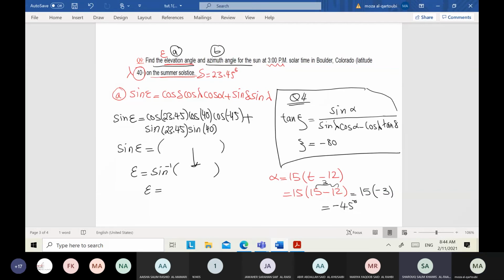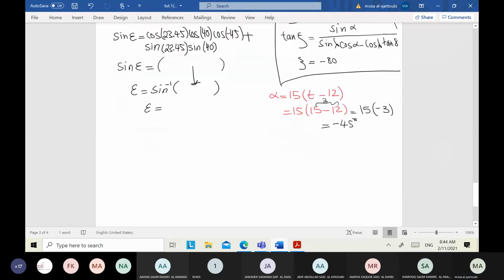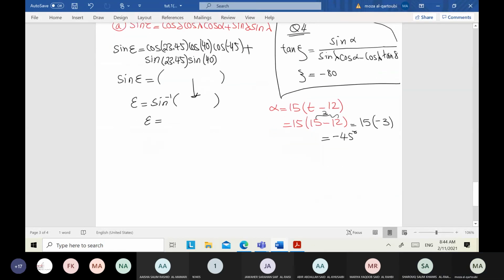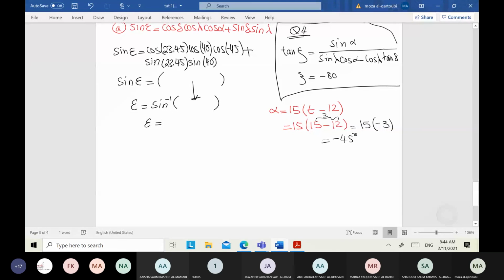Let me check. Yes, 48.82. Depending on rounding, the answer will be different.